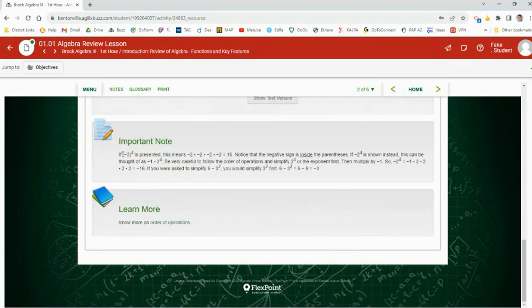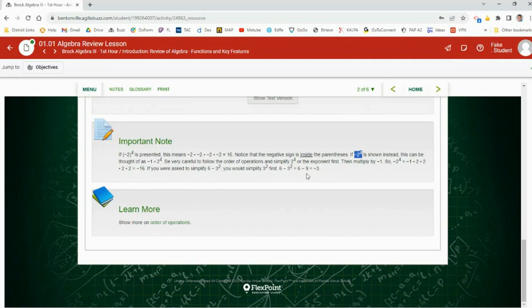And remember, this is an important note. If you have -2 in parentheses to the 4th power, that means it's -2 times -2 times -2 times -2, which would be 16, because the -2 is inside of parentheses. If you just have -2 to the 4th power, that would be the same as -1 times 2 to the 4th power.